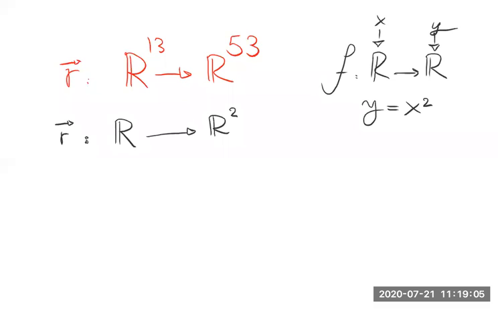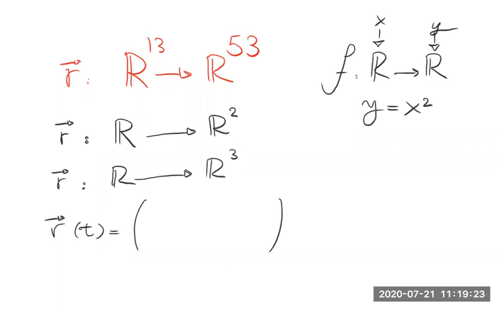So we can look at the functions from R to R3. For example, we can define a function with anything we want. It should have three components, since it's in R3. For example, 3t is the first one, ln of absolute value of t is the second one, and, I don't know, cosine of t is the third one.